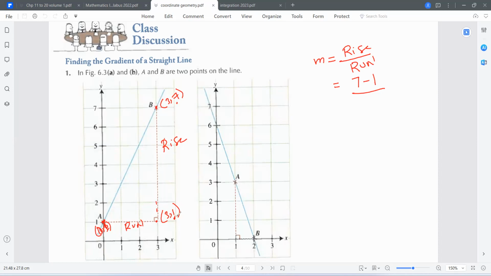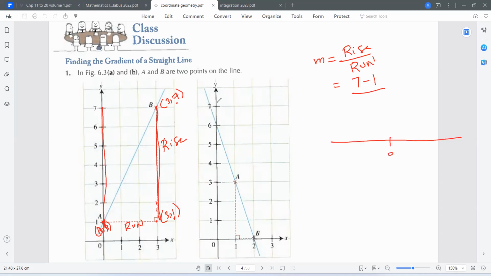Why 7 minus 1? Because this is a vertical line. If I want to find the distance of this one, simply I can subtract, because this is simply a vertical line, like this line or this one. It's the same. You already know about a number line.